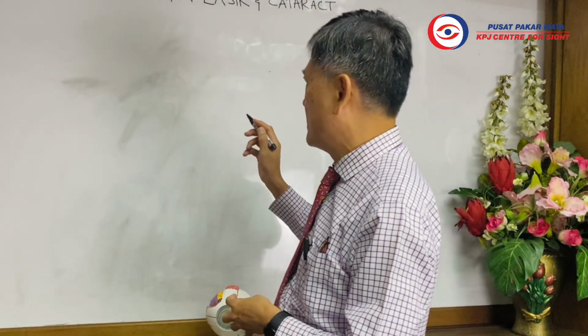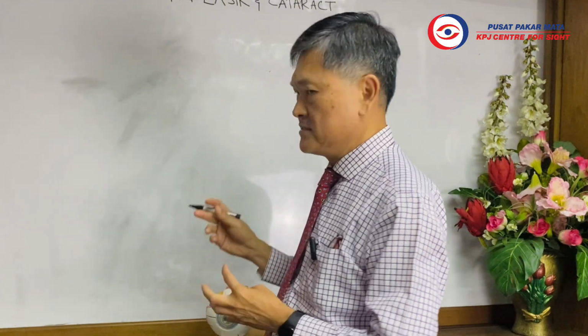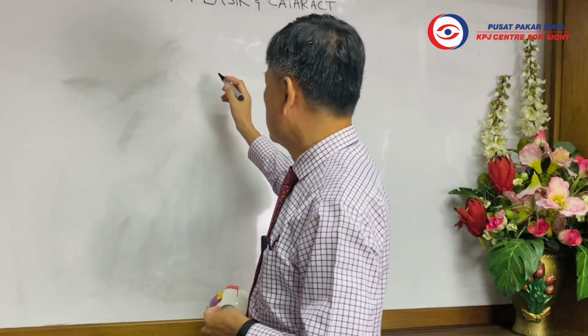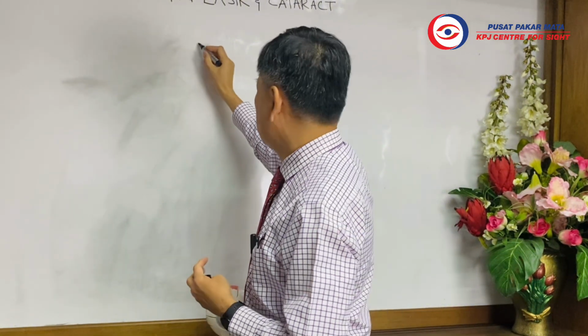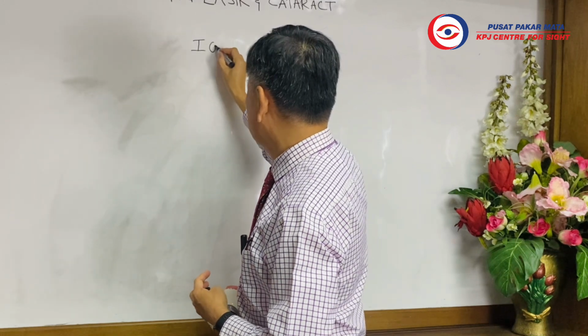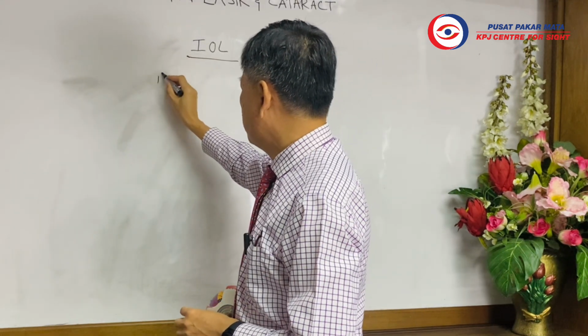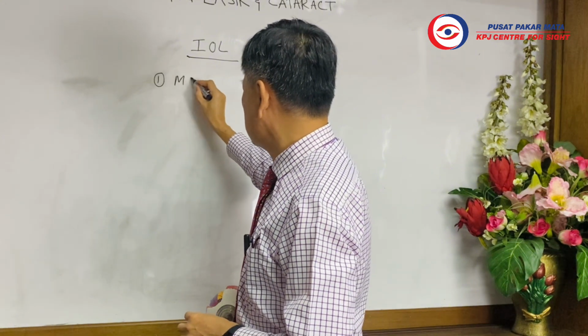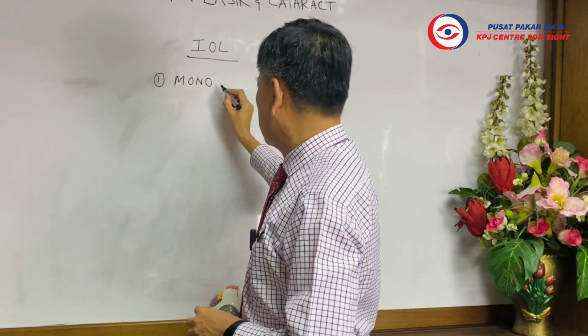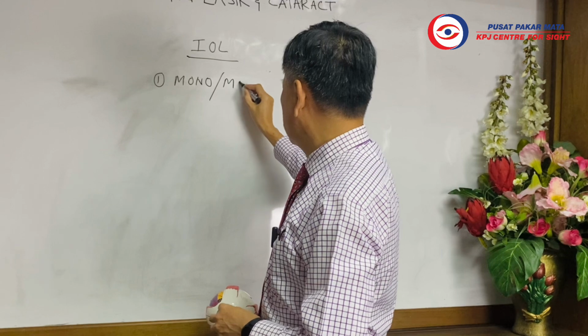For cataract surgery, as I said, there are a number of different types of lenses that can be used. We call it IOL, intraocular lens. The simple one is the mono lens, or monotoric.